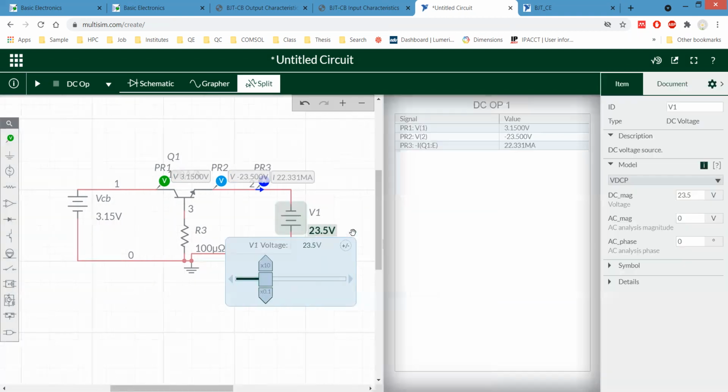Yeah. Please remove all the data from here.